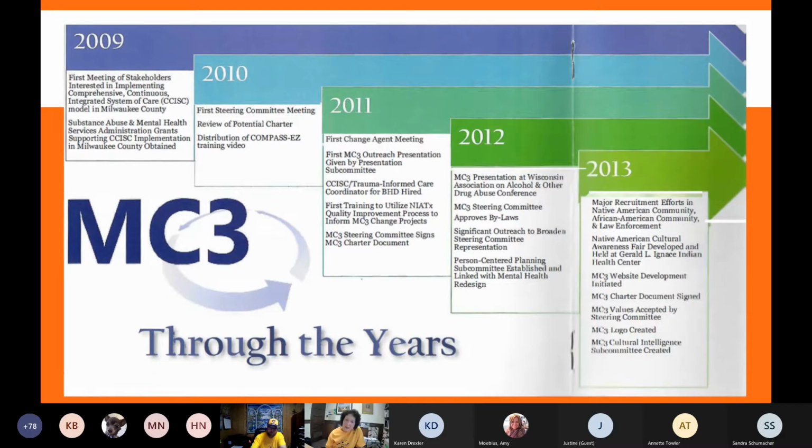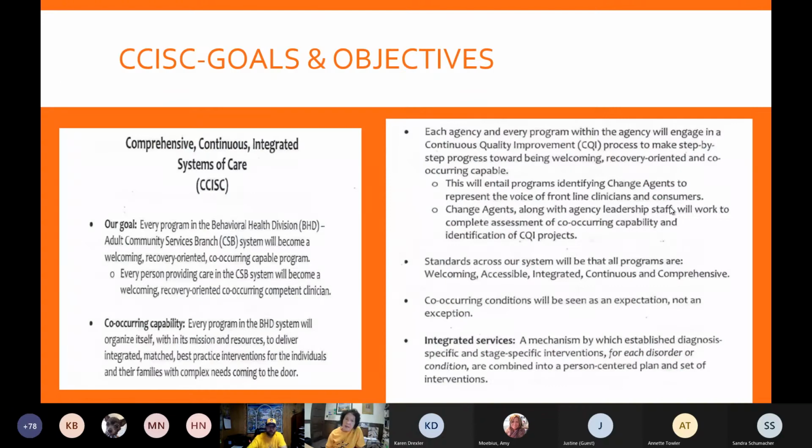However, some of the important developments throughout the years have been certain policies and documents that the MC3 steering committee has provided. Originally, we were the Comprehensive Continuous Integrated System of Care, CCISC.